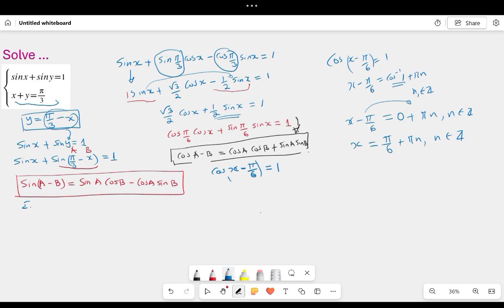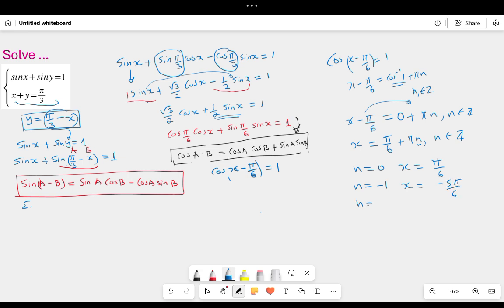Now, if n is equal to 0, then our x value is simply pi over 6. If n is equal to negative 1, which is going to be pi over 6 minus pi, our value for x is going to be negative 5 pi over 6.